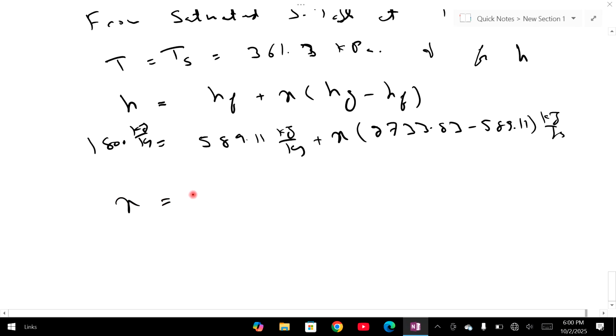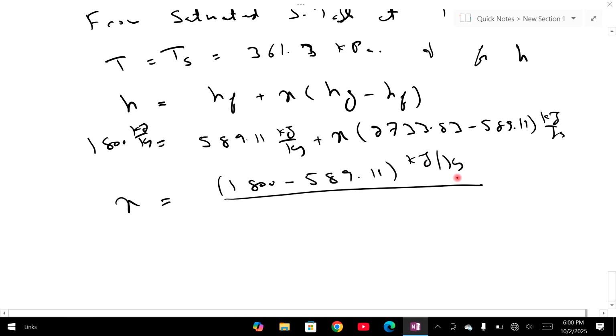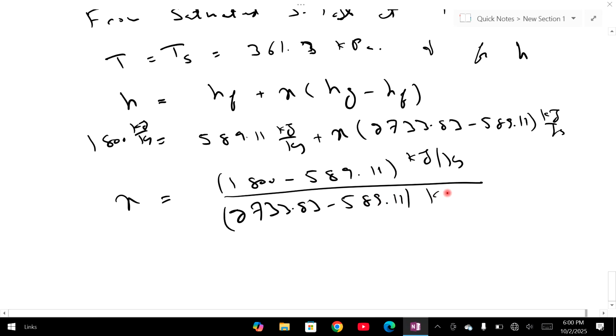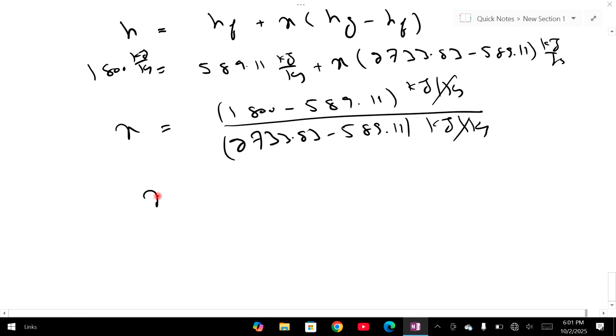X is equal to (1800 minus 589.11 kilojoule per kg) divided by (2733.83 minus 589.11 kilojoule per kg). The units cancel, so X will be equal to 0.564.